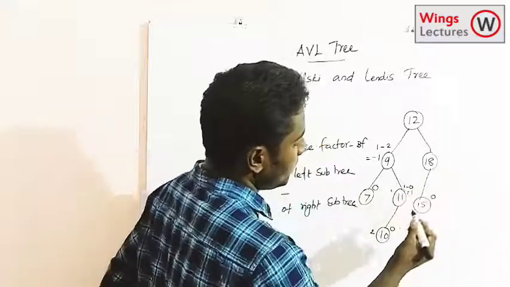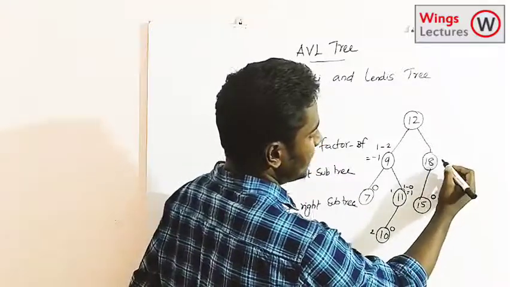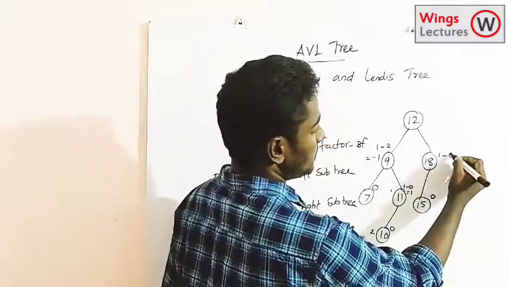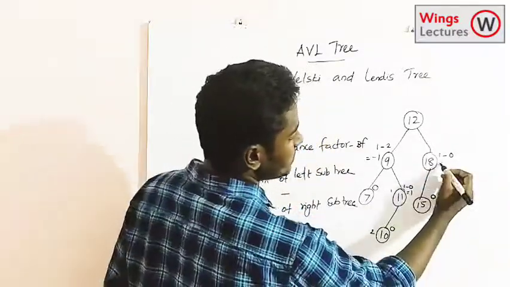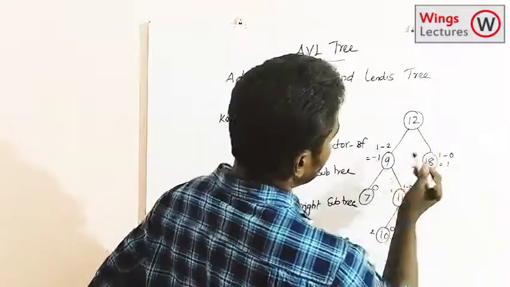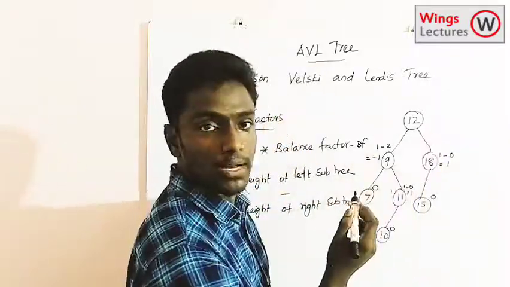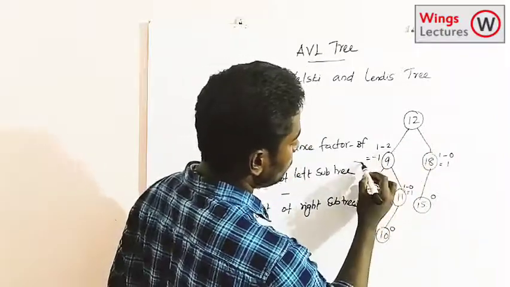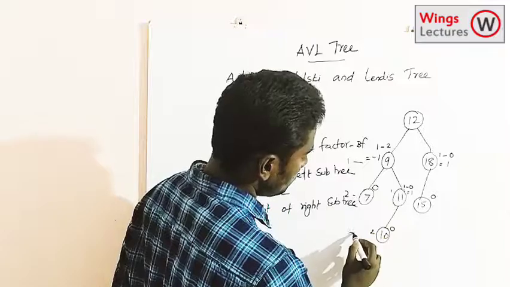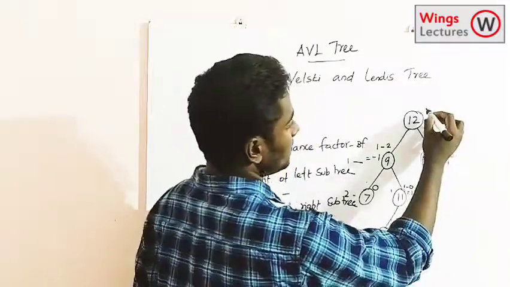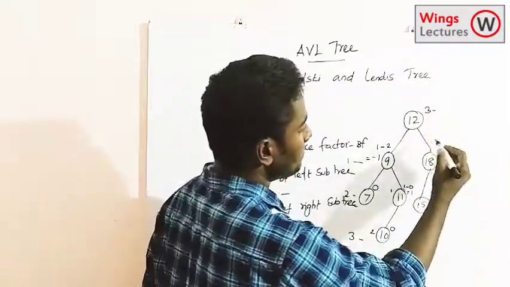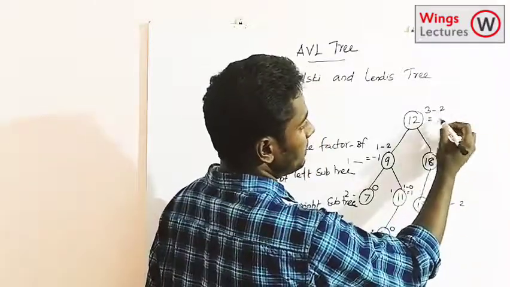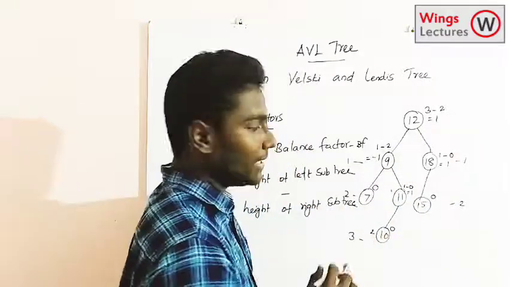For 18, the left subtree height is 1 and there is no right subtree, so it will be 1. Now what about the balance factor of node 12? The height of the left subtree is 3, and the right subtree is 2. 3 minus 2 will be 1.